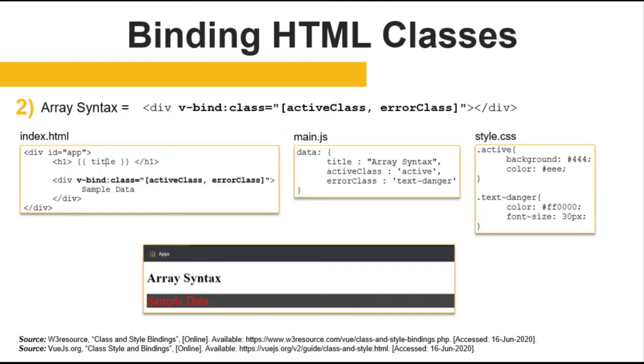We can pass an array to v-bind:class to apply a list of classes. The given syntax applies both the active and text-danger classes in the div since both of the classes are defined as the elements of the array syntax inside the v-bind:class.